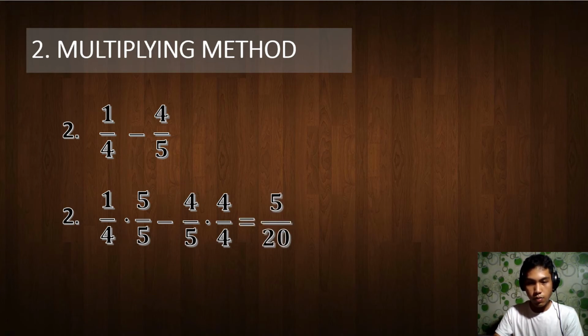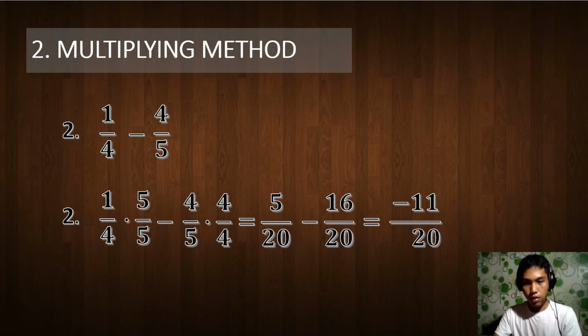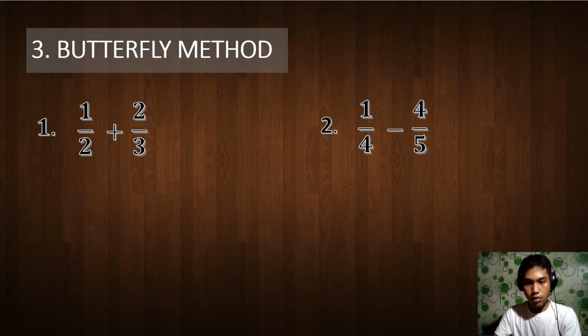Simplifying that, we get 5 over 20, because 1 times 5 is 5, 4 times 5 is 20. Then, minus, we have 4 times 4, that would be 16, 5 times 4, that would be 20. Then again, perform the operation on the numerator. We have 5 minus 16, that would be negative 11. Copy the common denominator.